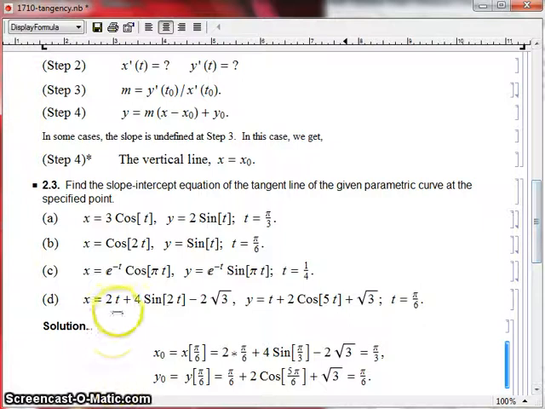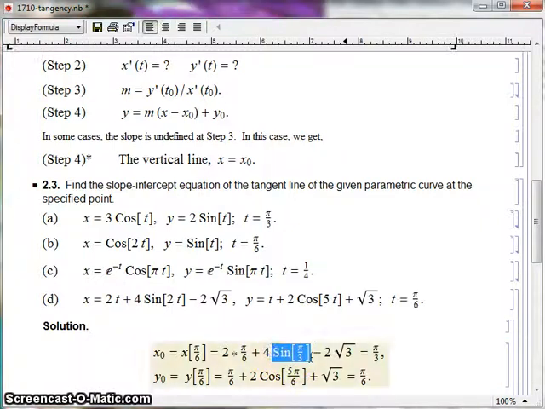So if we do that, 2 times pi over 6, 4 times sine of 2 times pi over 6, so sine of pi over 3, minus 2 square root of 3. Turns out sine of pi over 3 is square root of 3 over 2, so 4 times that is 2 square root of 3, so these two cancel each other out. We have just pi over 3.